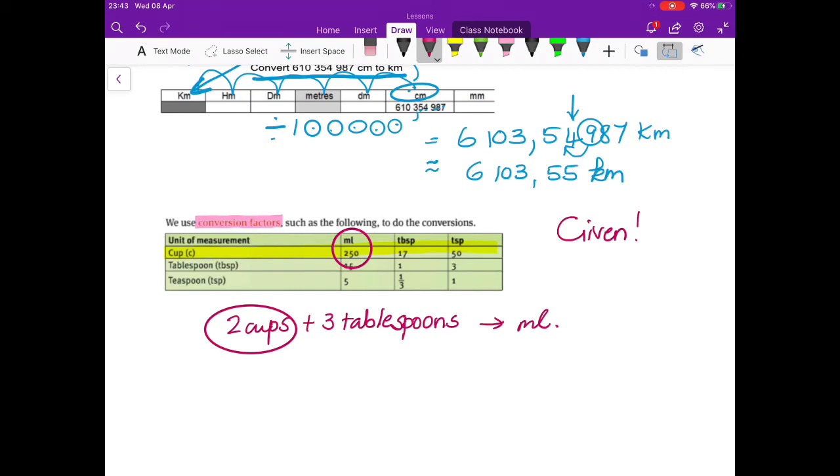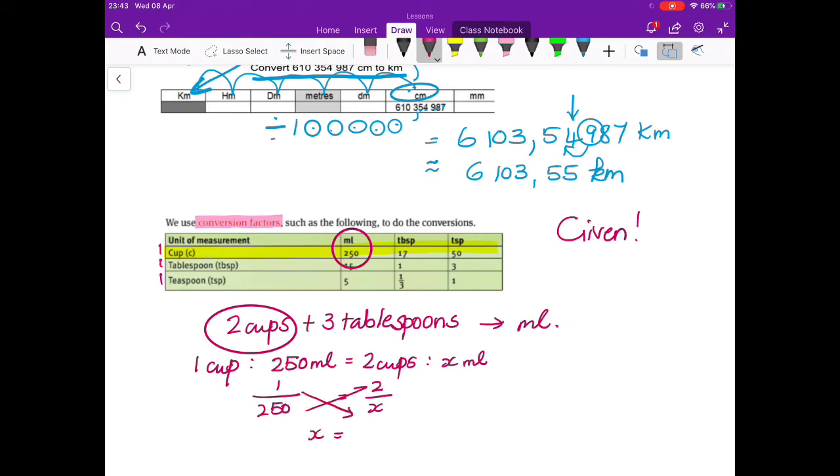A unit means 1, so it's going to be 1 cup or 1 tablespoon or 1 teaspoon. I set up my ratio: 1 cup to 250 milliliters equals 2 cups to X milliliters. In fraction form, 1 over 250 equals 2 over X. Cross multiply: 1 times X is X, 2 times 250 is 500 milliliters.